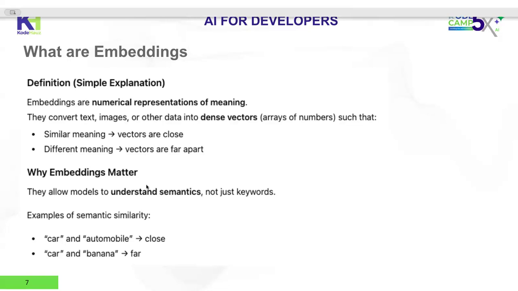So that's what an embedding is. Embeddings allow models to understand semantics. When you generate embeddings, you can use them to represent concepts, and you can store embeddings rather than storing words or sentences or paragraphs. Embeddings represent meaning, not the words.